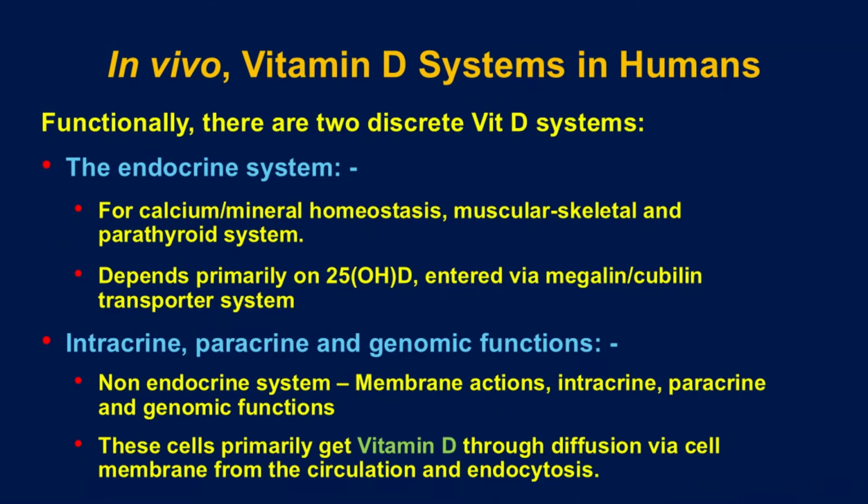There's no active transportation. Therefore, they need to have a 900-fold higher concentration of D3 and 25-hydroxy D in the circulation so that it can get into these cells. So in vitamin D deficiency, the levels of vitamin D and 25-hydroxy D are very low, below the threshold of diffusion.